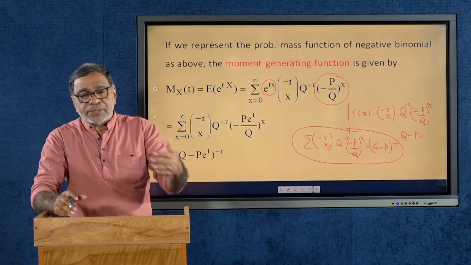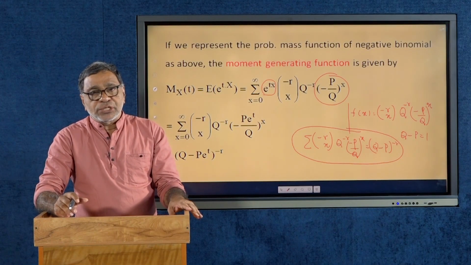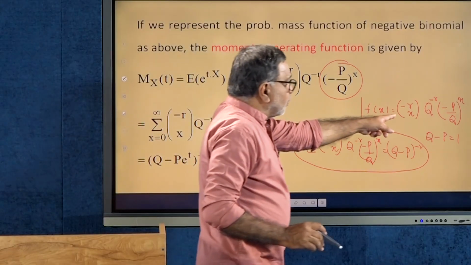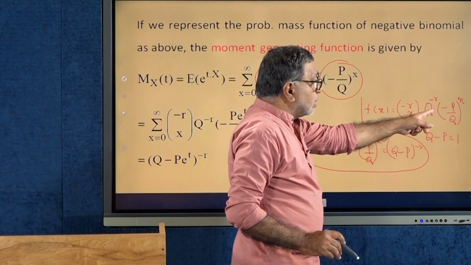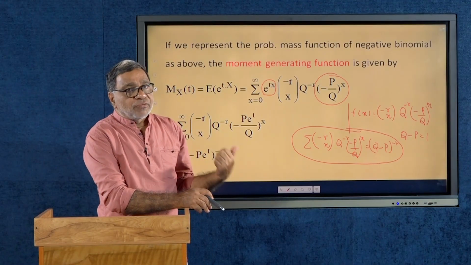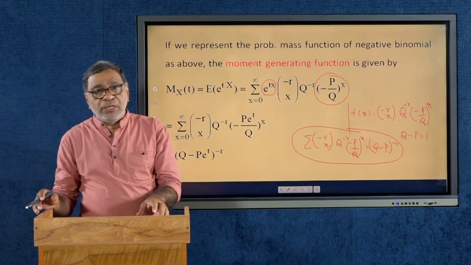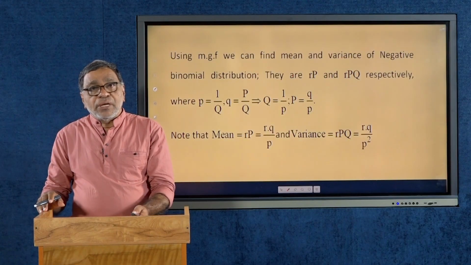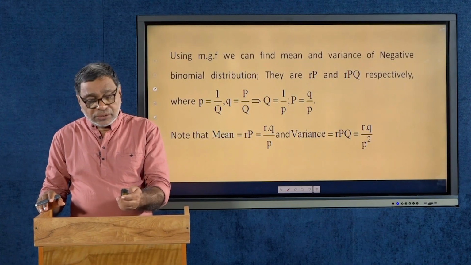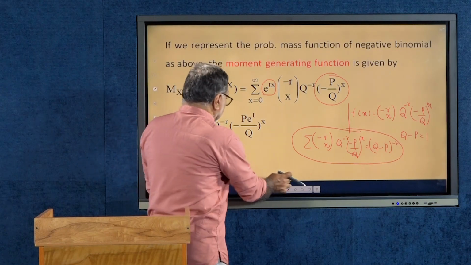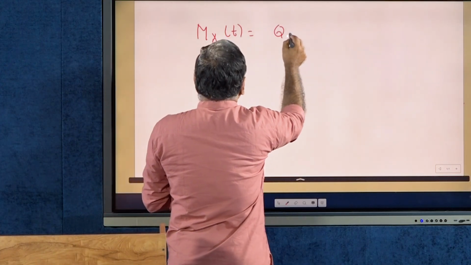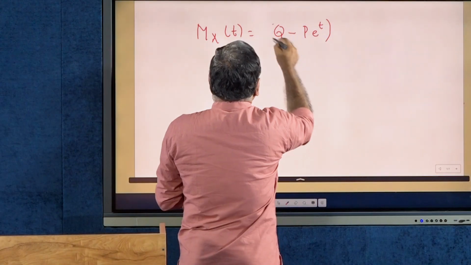So when we represent the negative binomial probability mass function in terms of the new quantities capital P and capital Q, f(x) = -rCx q^(-r) (-p/q)^x, our moment generating function of the random variable is (q - p e^t)^(-r).